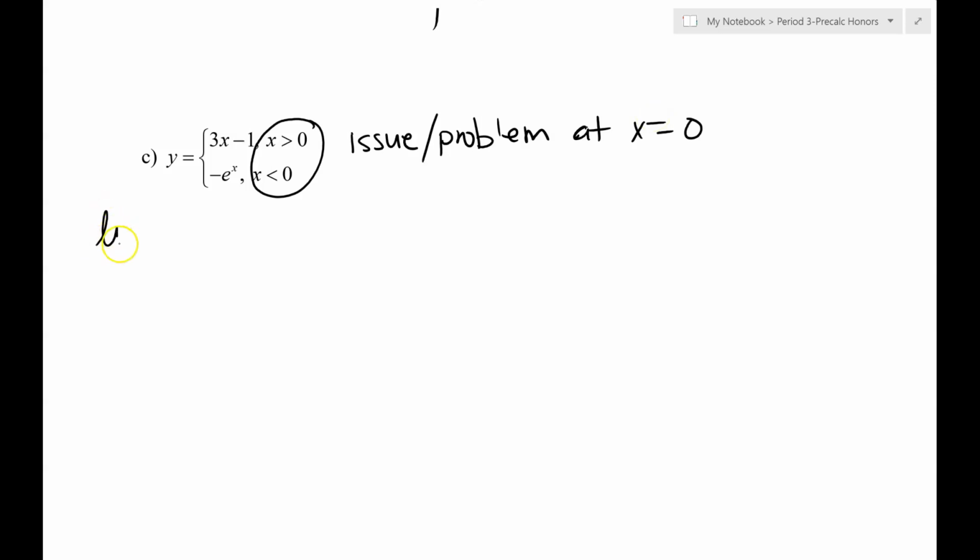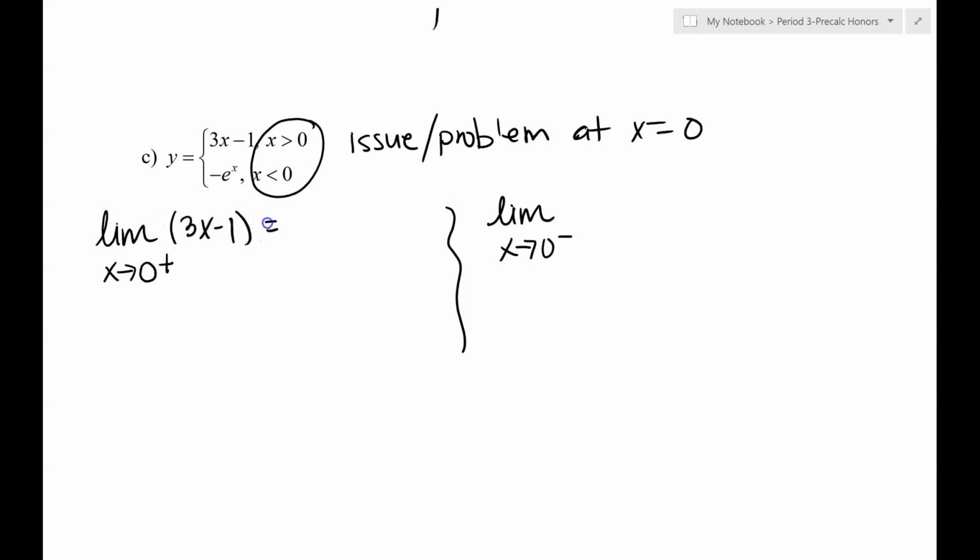Okay. So the limit as x approaches 0 from the right side versus the limit as x approaches 0 from the left side. Now, because it's a piecewise, you got to pick the correct piece. If you're approaching 0 from the right side, it has to come from the first piece.